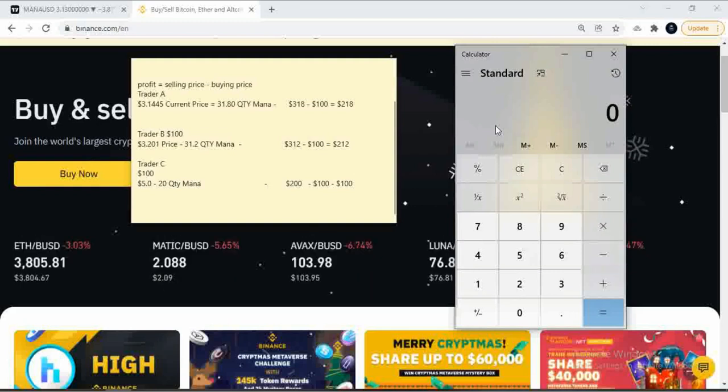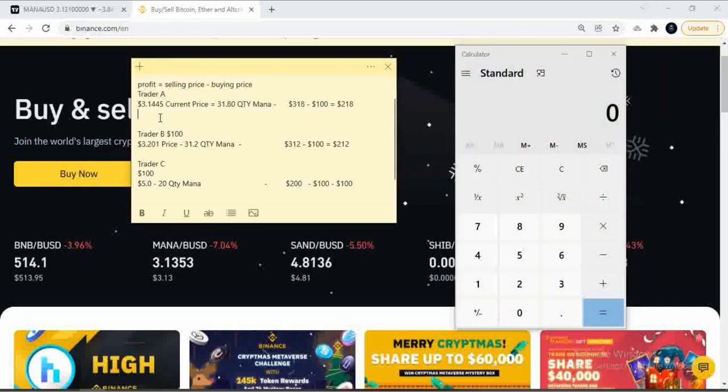Say for example trader A initially bought at 3.1445. Over time, price got up to, let's say, $4, and he decides to buy another $100 worth of it.